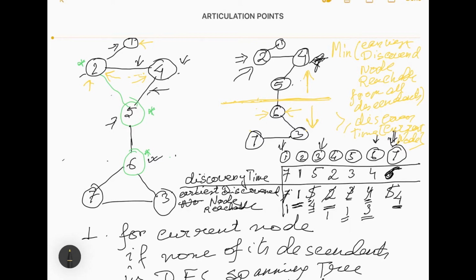So the removal of the current node will not impact the connectedness of the graph if these two parts are connected to each other. If the descendants are connected to the ancestors with one or more back edges, then even if we remove 6, the current node, the graph will not become disconnected, and that is exactly what we determine using this condition here.